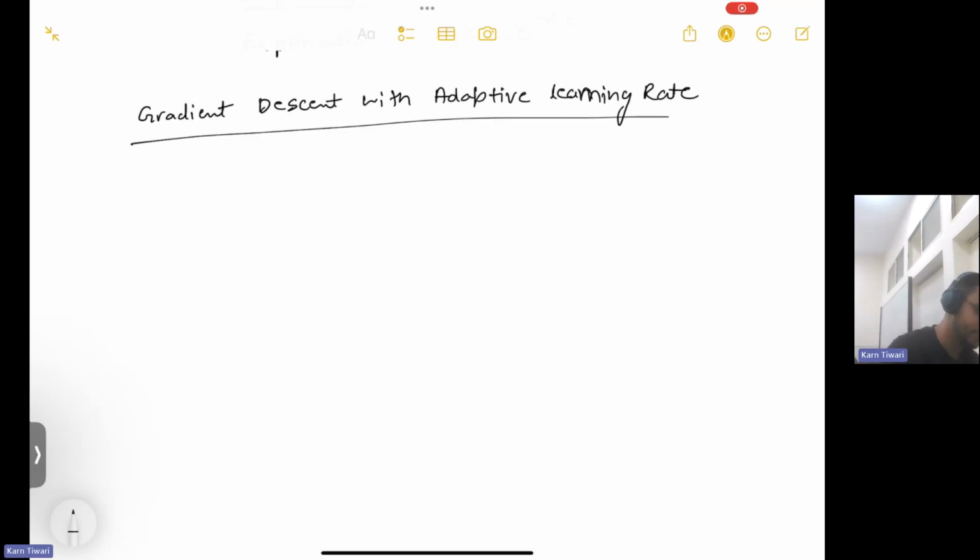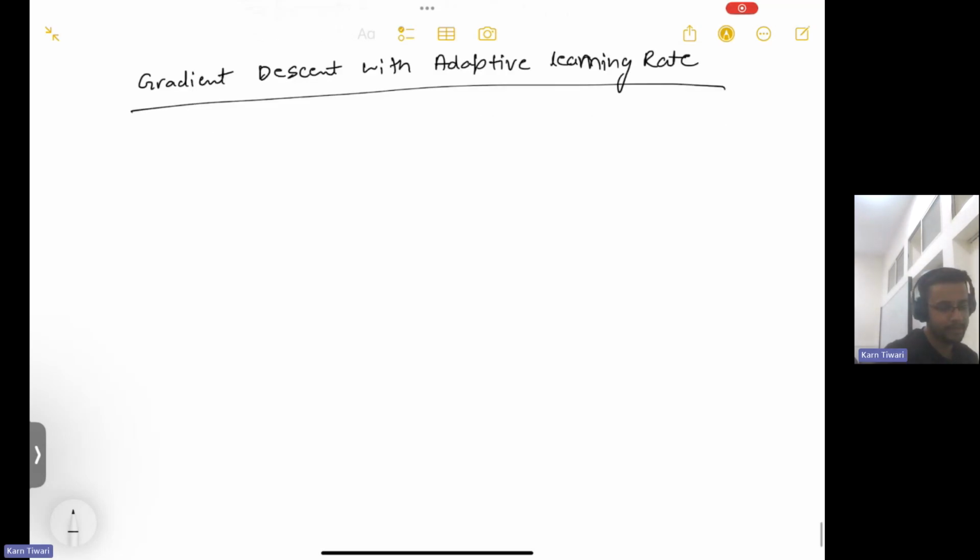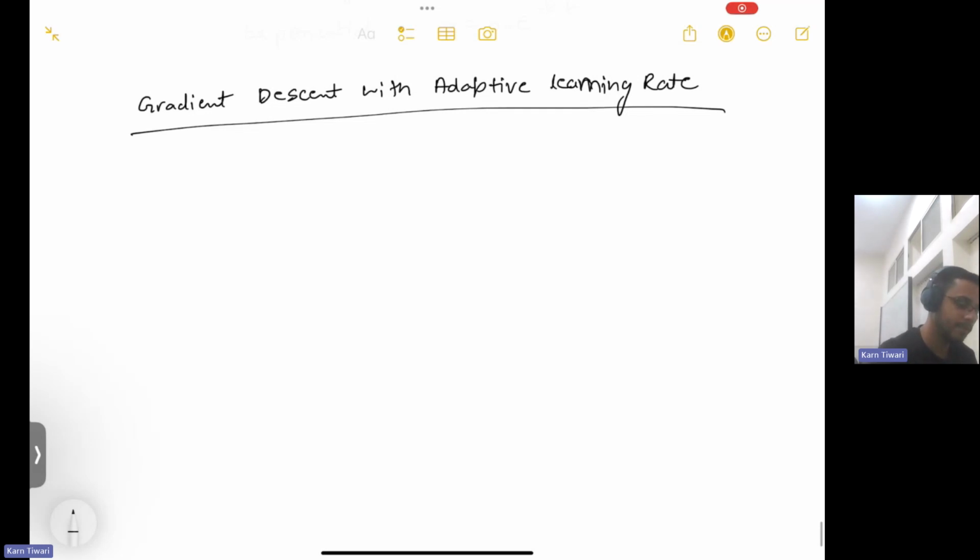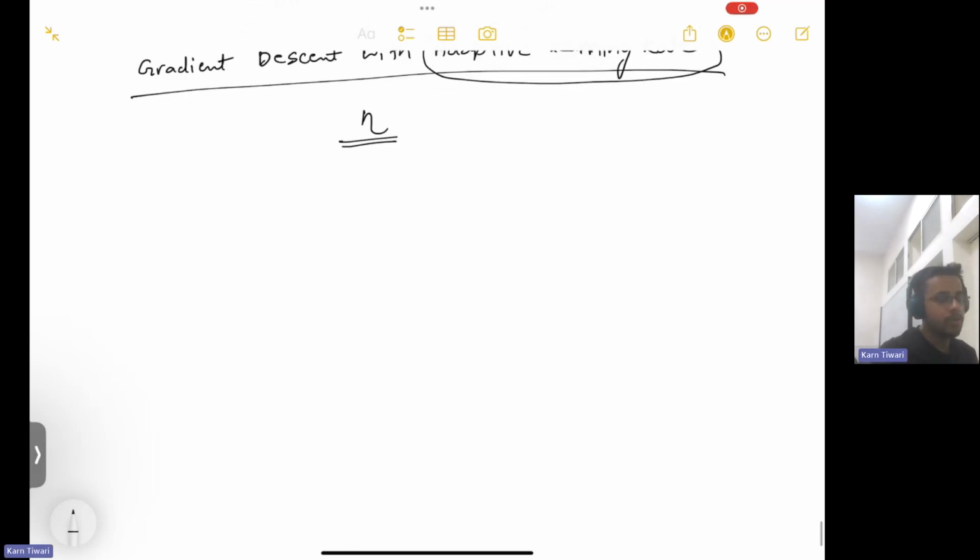So what's the intuition behind this? Normal gradient descent we know, but what is this adaptive learning rate? It's talking about the eta. Can we make this eta update dependent on the previous update history?